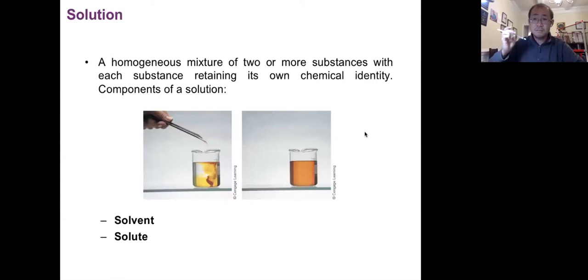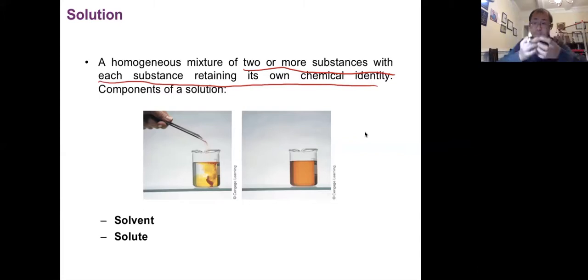Essentially, a solution is two or more substances, with each substance retaining its own chemical identity, mixing together. What does it mean? When you mix these substances, they do not have a chemical reaction between them. You're physically mixing them. That's the definition of a mixture. If a reaction happens, then it's not a mixture, it's a reaction.